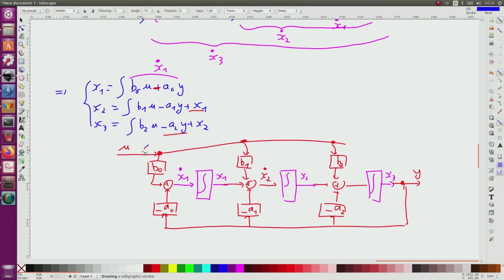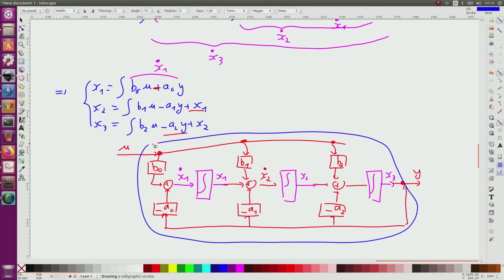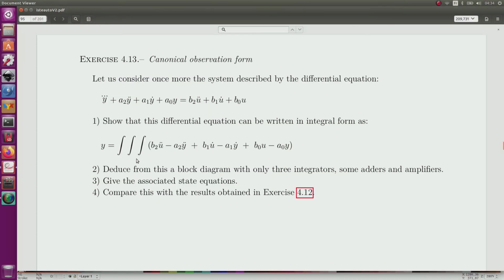So this wiring corresponds to a realization of the differential equation previously shown. Okay, so I answered question number 2.